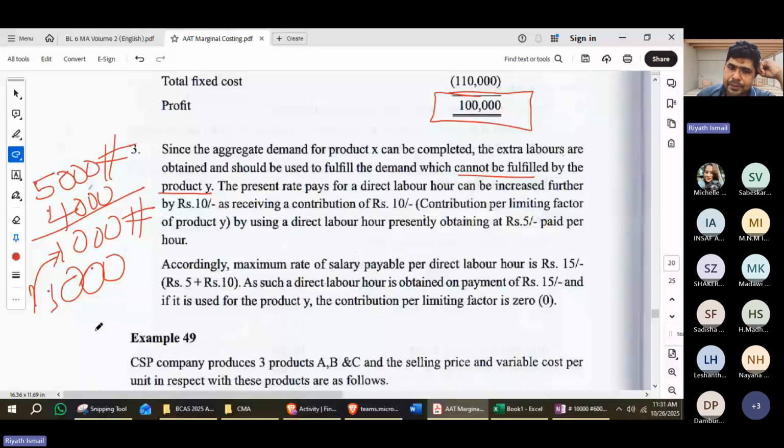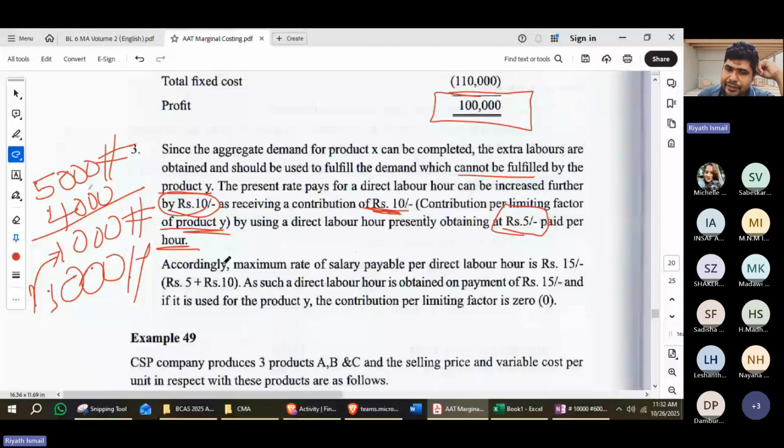The present rate paid for the direct labor hour can be increased further by 10 rupees, as we receive a contribution of 10 per limiting factor from product Y, right? Presently 5 rupees is paid per hour.